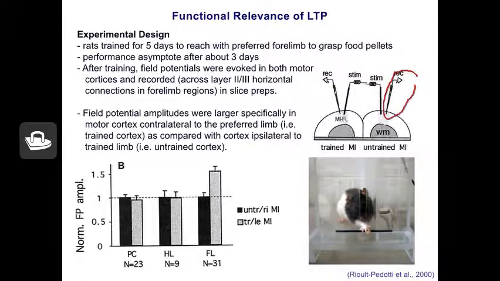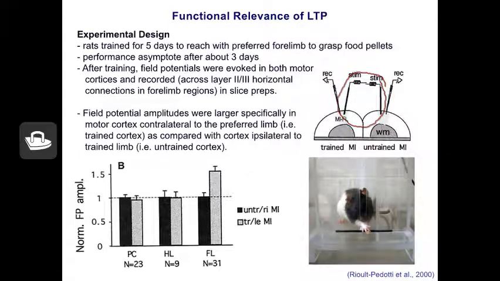Bilateral recording electrodes, shown here and here, were placed in the forelimb region of the primary motor cortex. And stimulating electrodes were positioned at inputs to those regions.